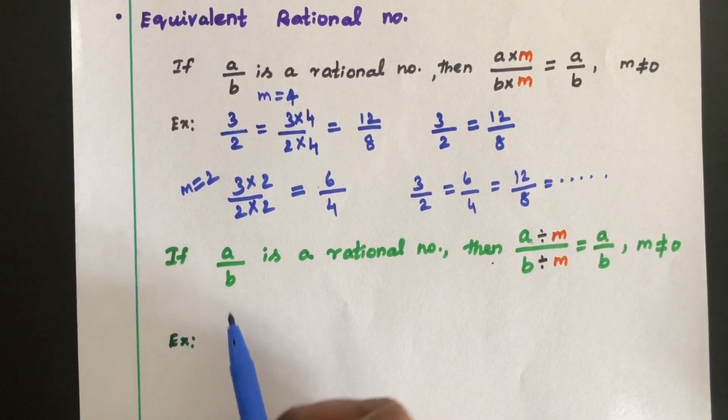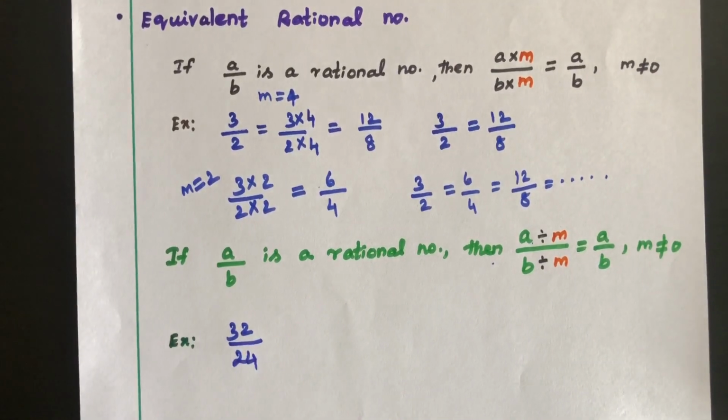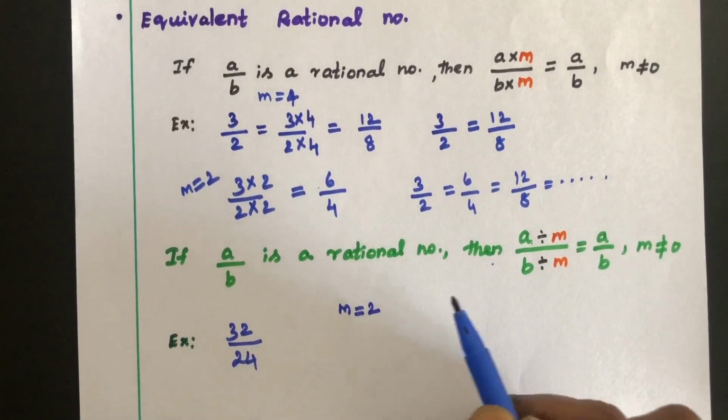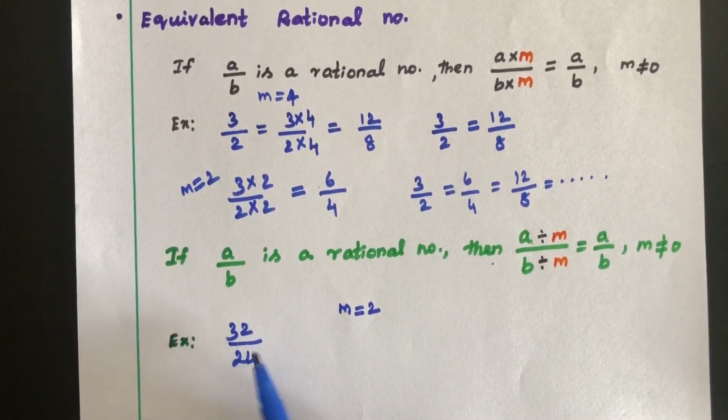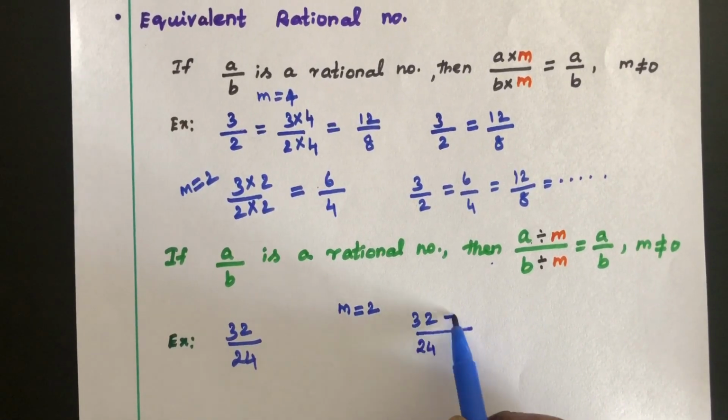Let us do that also. For example, 32 divided by 24 is a rational number, right? Take m equal to 2.